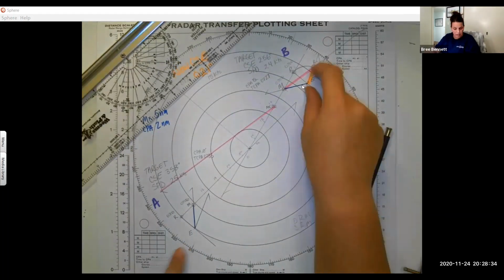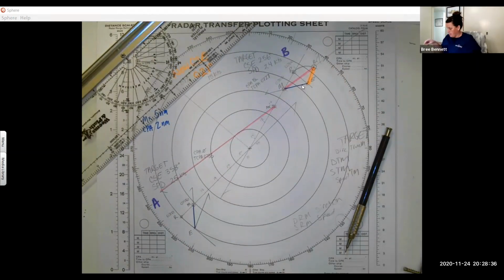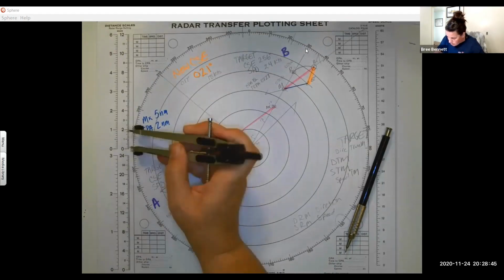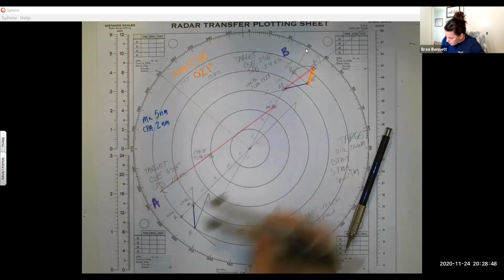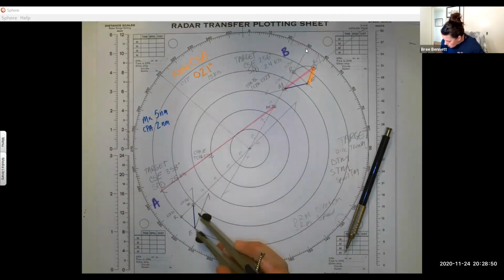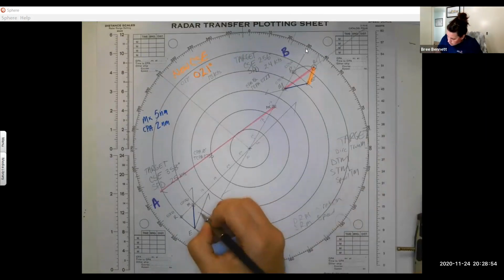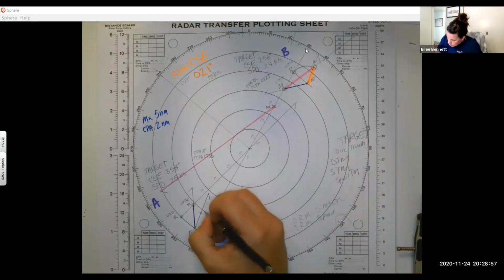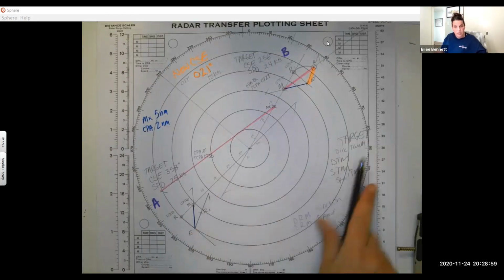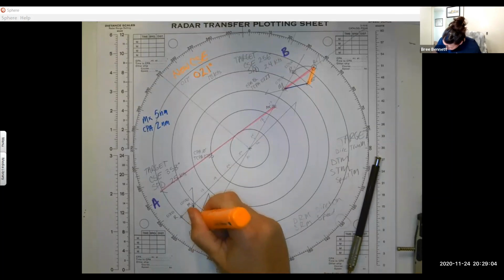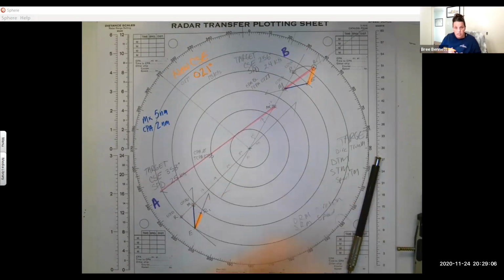Now I want to know the speed, which was 18 knots. So that is going to be my new R prime. So I've just created the same line.